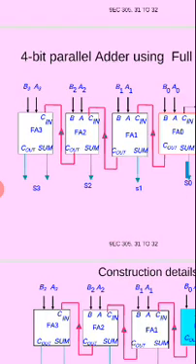It means A0 bit is added with the B0 bit, A1 bit is added with the B1, A2 bit is added with the B2, A3 bit is added with B3 bit.